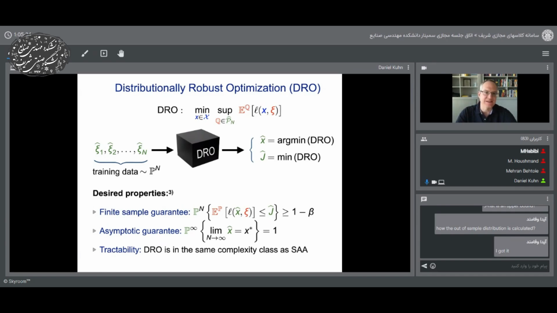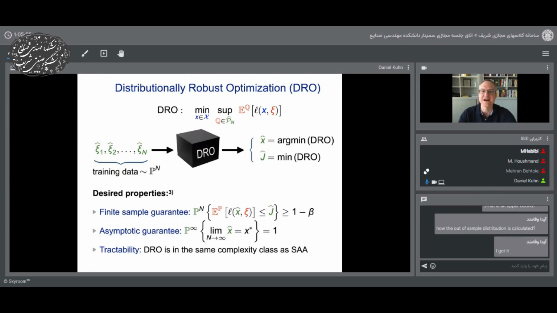The idea is that if we solve such a distributionally robust optimization problem, the decision maker prepares for the worst that can happen, and by preparing for the worst, often we do quite well in the average case, or in more likely cases.